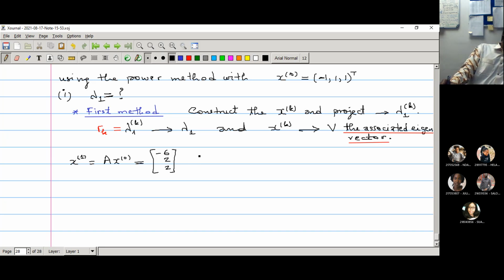Now, in which direction, along which entry are we going to project? They are projected again with -6. Okay, so we are taking the first component. So we do the same thing here. So that would be -6 by -1, which gives us 6.